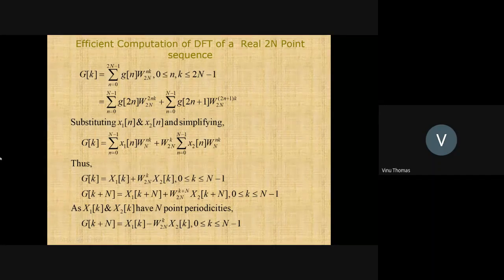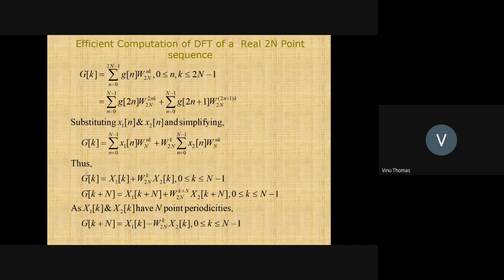So we can say, for example, if n is equal to 8, then 2n would be 16. So all these samples from G0 to G7 you can find out here in this expression, from 0 to n minus 1, because n was equal to 8. But you know that the original sequence had 16 samples, so you are required to find out the samples from 8 to 15 as well.